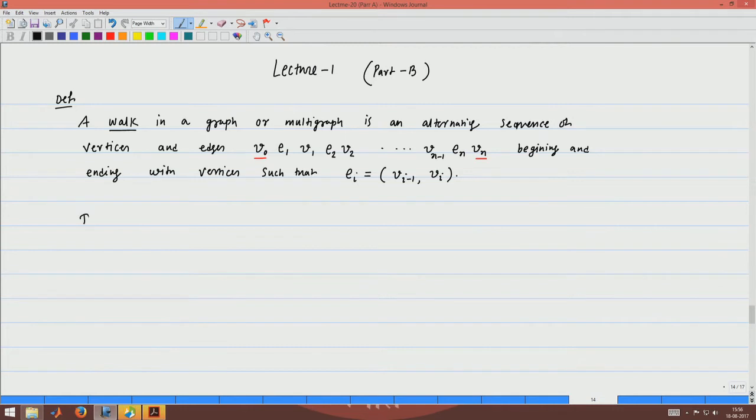So, this walk joins V naught and V n, and it is called a V naught V n walk.